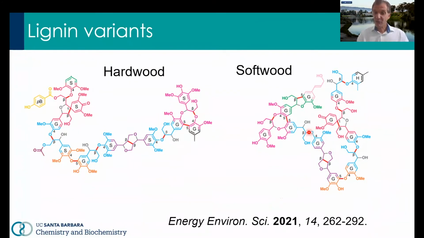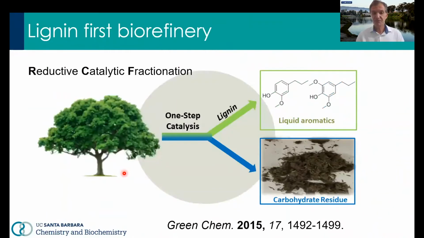And if we're able to cleave these carbon-oxygen bonds and remove some of these oxygens, as you can see from these figures, we can end up with phenolic molecules that could have very interesting value. So this is the idea of the lignin first biorefinery, or what's now known in the literature as reductive catalytic fractionation.